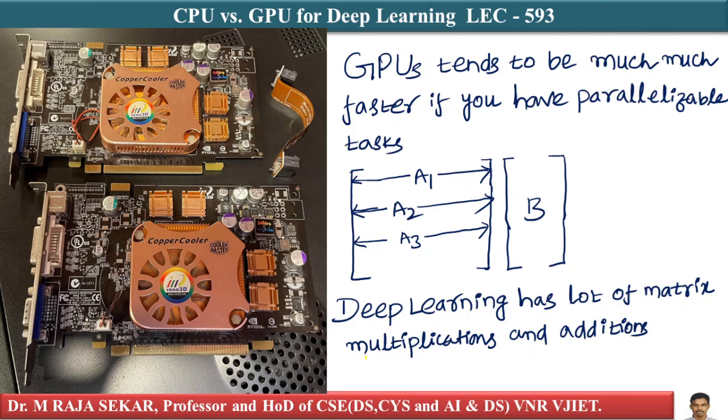You can think of it as matrix multiplications or vector multiplications and additions, or more broadly as tensor operations, isn't it? That's what deep learning says. It's basically tensor operations. You are basically doing a bunch of matrix or vector multiplications and additions. That's what it is.